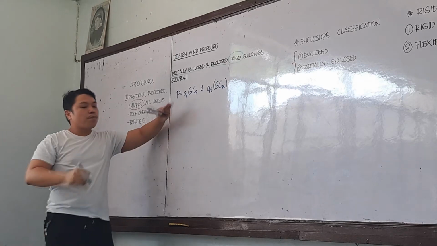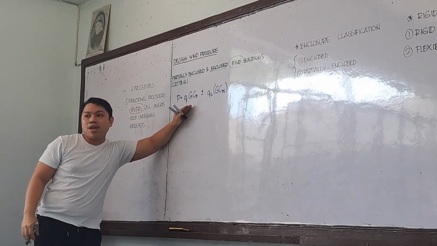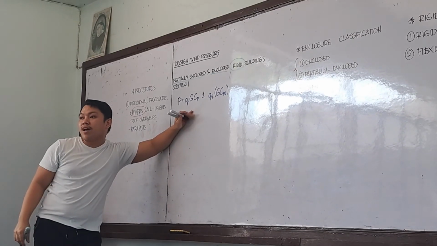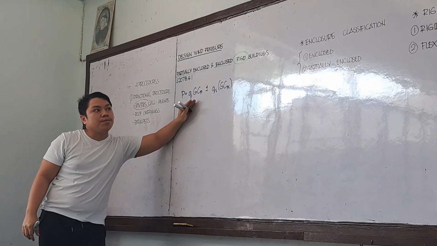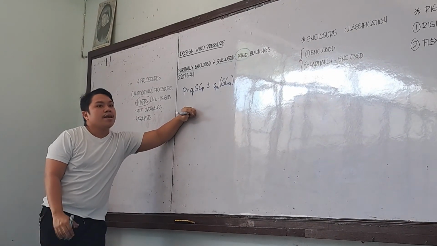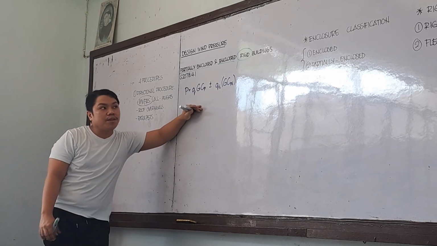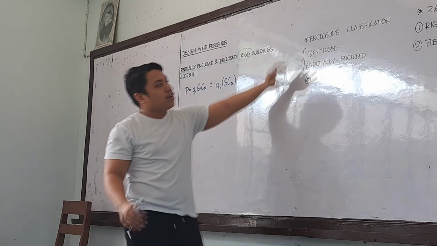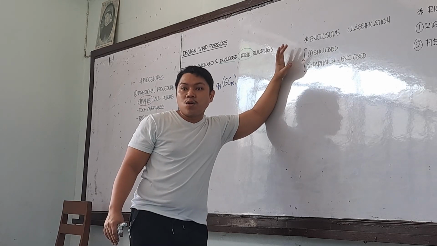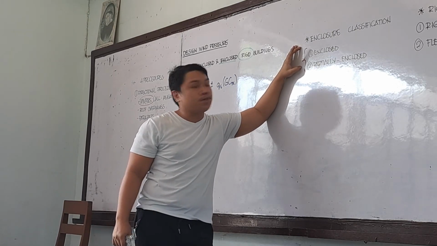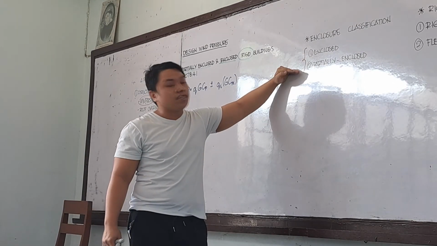Take note of partially enclosed and enclosed rigid buildings. This is important. We must identify what type of building we are computing for minimum design loads, especially wind. The procedures differ when it comes to the classification of the building. So first, we must learn how to identify the enclosure classification. We will have 3 types: enclosed, partially enclosed, and open.